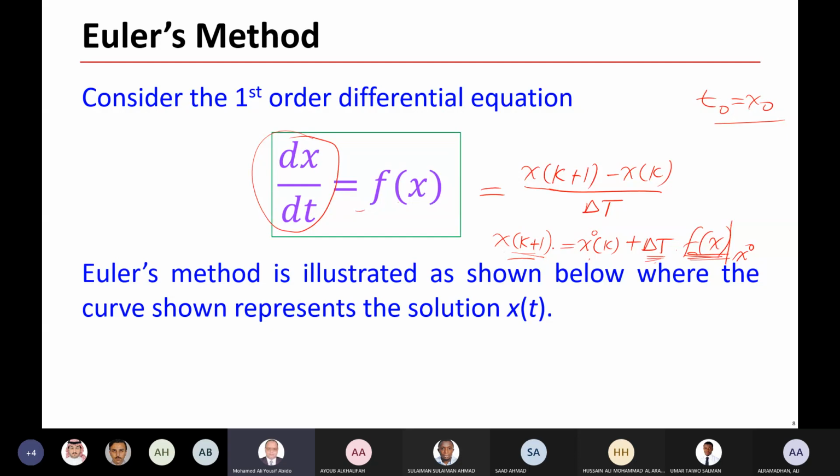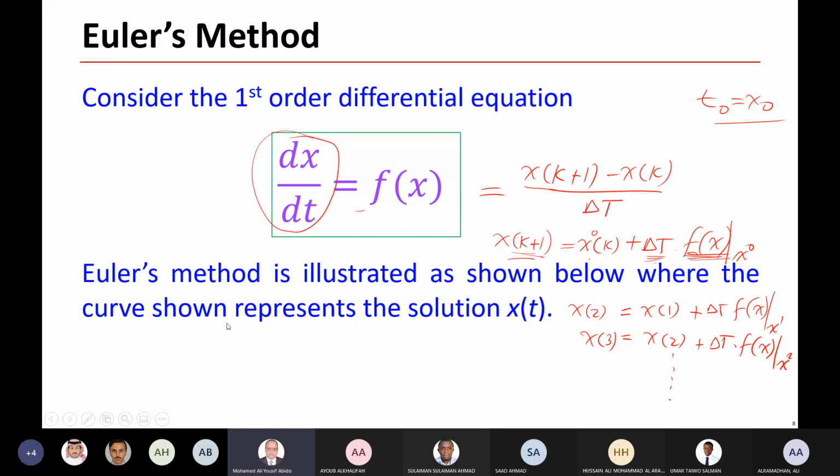And then when you have x of k plus 1, here k equals 0. So this is x of 1, and then you can get x of 2 equal to x of 1 plus delta t multiplied by f of x calculated at x1. And then x of 3 equals x of 2 plus delta t multiplied by f of x calculated at x2, and so on.